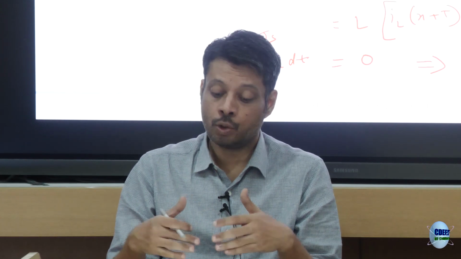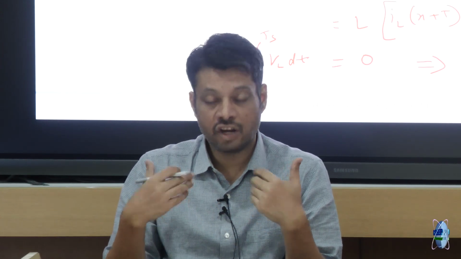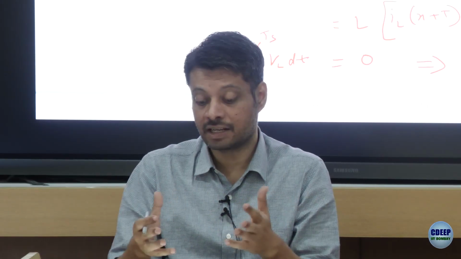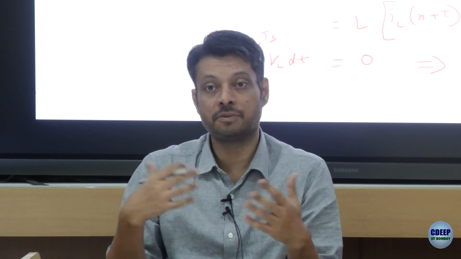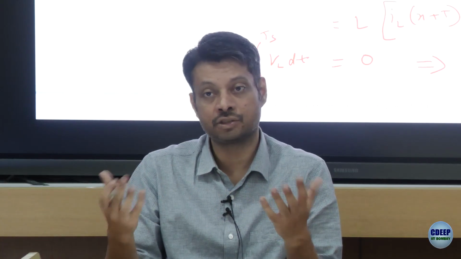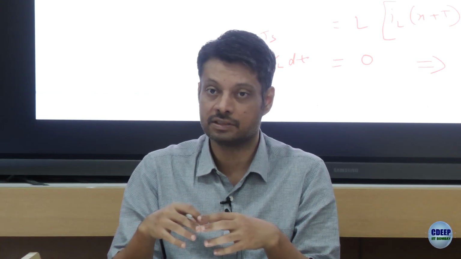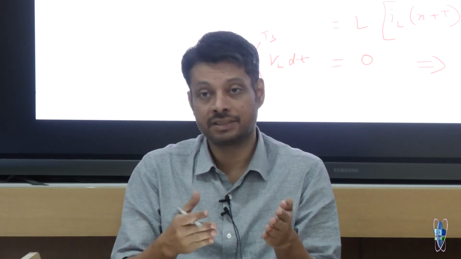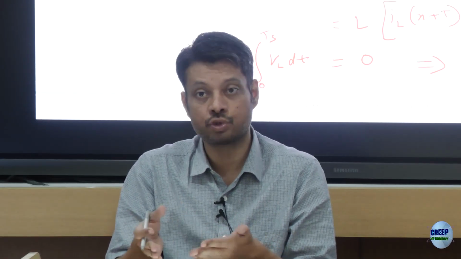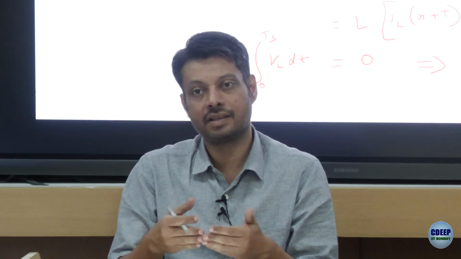Ts is the period over which this circuit is in periodic steady state. So for example, if this circuit hypothetically has some 50 hertz sinusoidal, then Ts corresponds to that 50 hertz, 1 by 50 hertz. Yes, in power circuits, in the buck converter or boost converters, it represents the switching period.